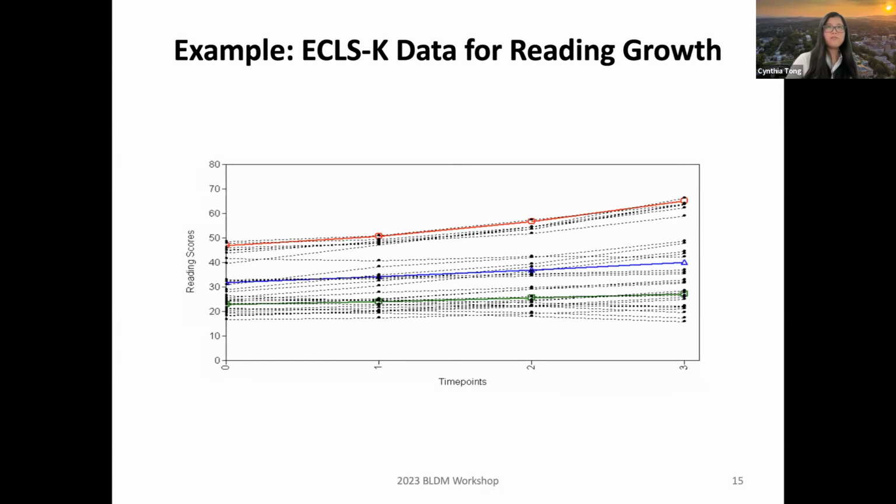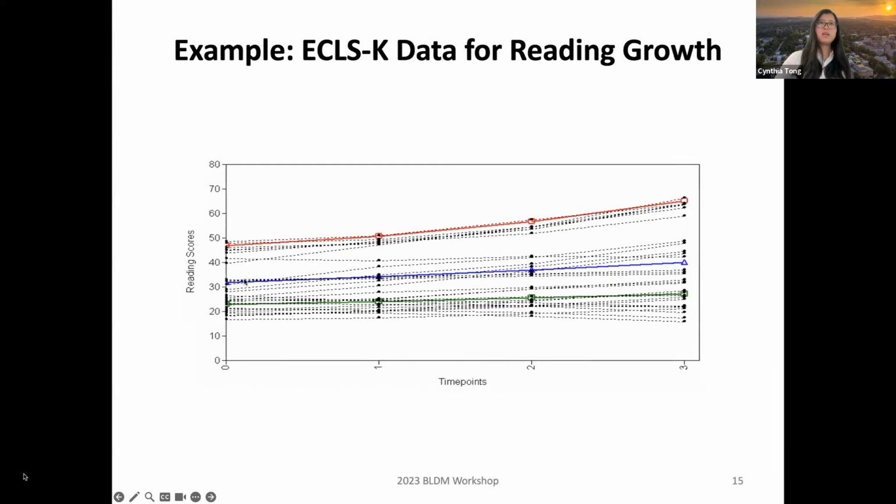In fact, if we fit a mixture model to this, we can see that there might be 3 latent classes. For the green one here, this group has the lowest starting value, and the rate of change is close to 0, so the line is more or less flat.